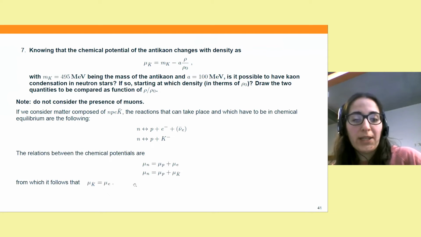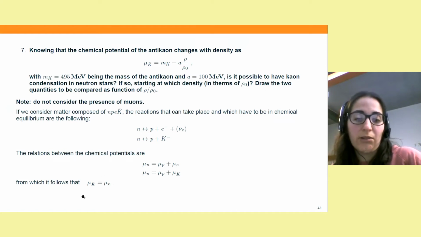So we get that the chemical potentials have these relations. The neutron chemical potential is the sum of the proton and the electron chemical potentials, but it is also equal to the sum of the proton and the anti-kaon chemical potentials. So it follows what I was saying, that once the electron chemical potential is equal to the kaon chemical potential, we will have the saturation.